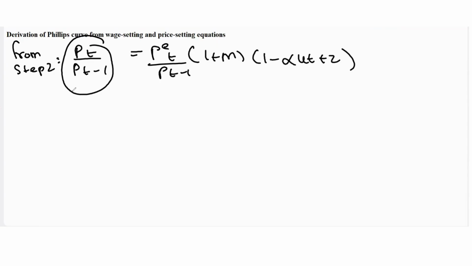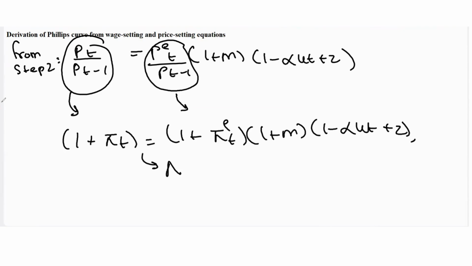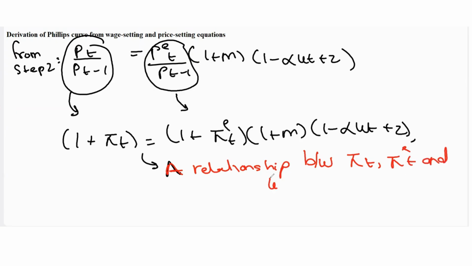So this we know is just equal to 1 plus π_t, as we just saw, and this we know is just equal to 1 plus π^e_t, times 1 plus m, times 1 minus alpha u_t plus z. So now we have gone from a relationship between P, P^e and u to a relationship between π_t, π^e_t, and u_t.